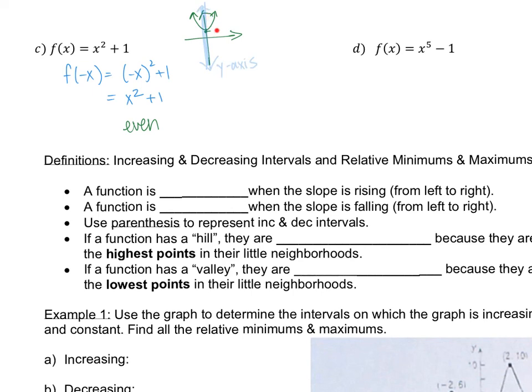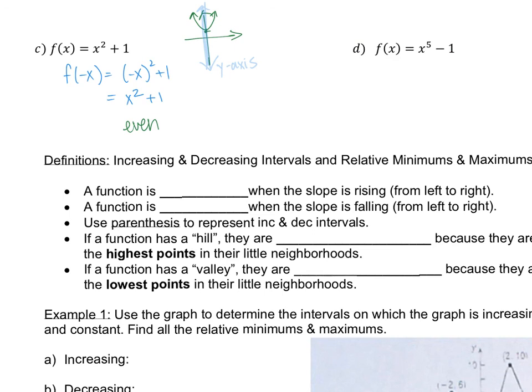This half is the same as this half. So some people can just look at a graph and be like, oh yeah, I see symmetry there, it's even. But I highly recommend still doing this mathematical skill because not every single equation you can check the graph and be sure.